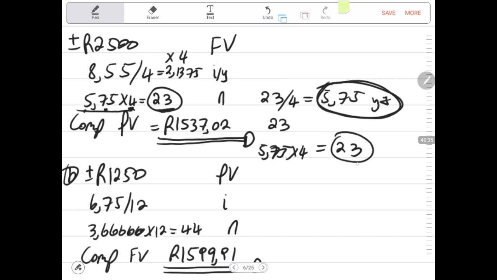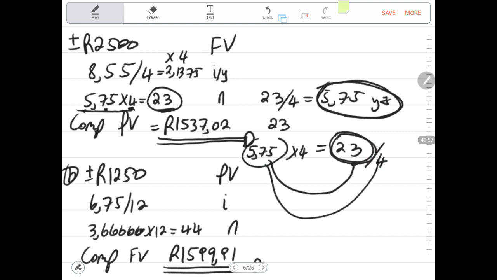So now we need to move back from 23 to 5.75. Because we multiplied to get here, we need to divide by 4 in order to get to the number of years.